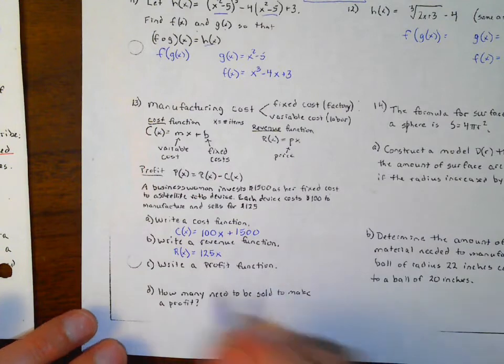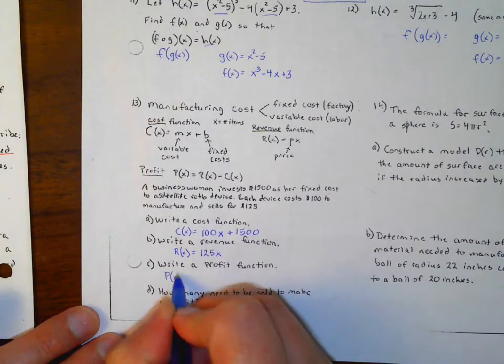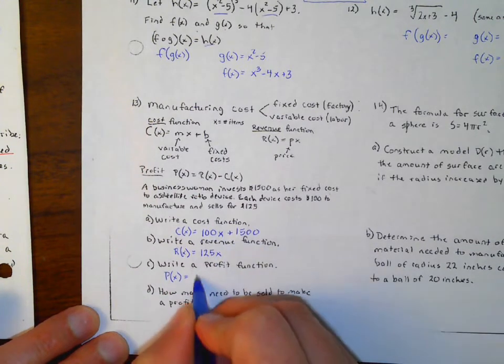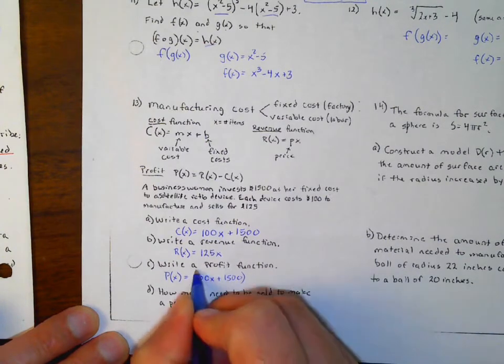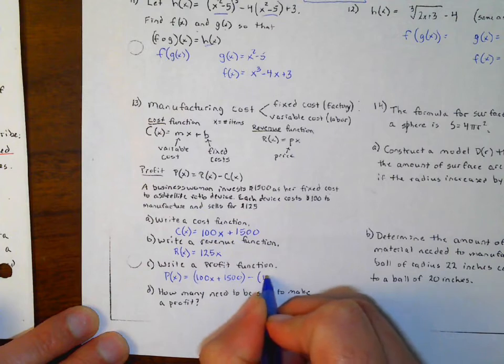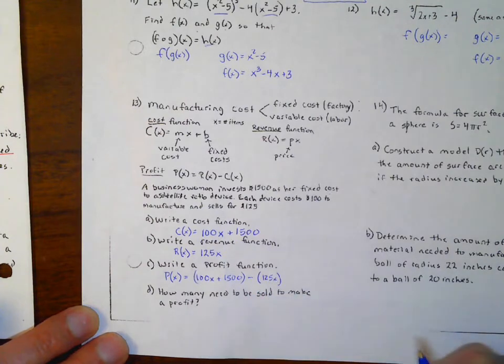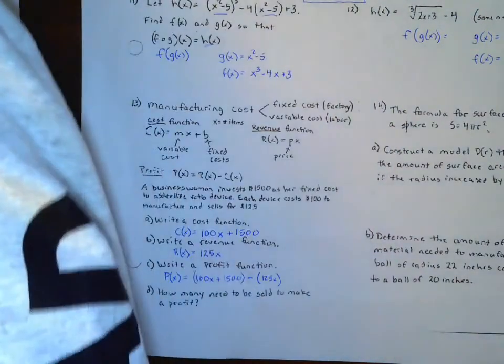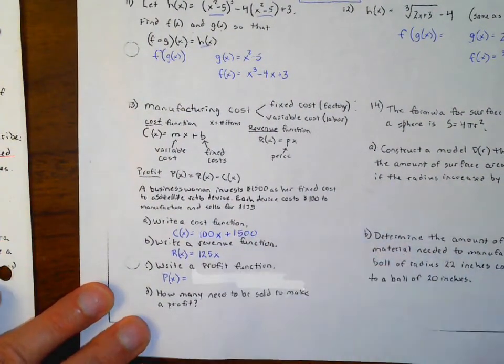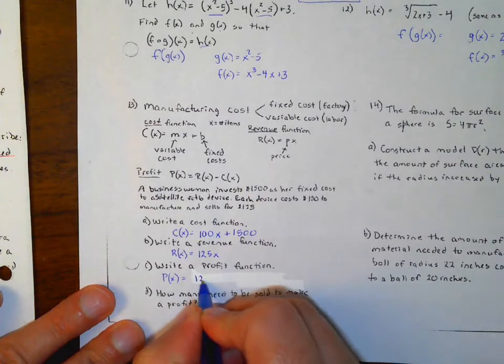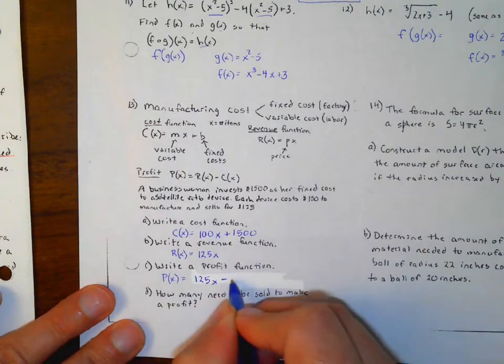So the profit is going to be how much the cost is minus how much money we're bringing in. I'm sorry, that's the wrong way. Profit is how much we're bringing in minus how much it's costing me.